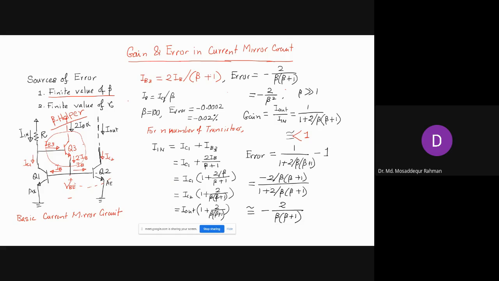So that's why it's called the beta helper. And so these are modified current mirror circuits, right? To reduce the error due to finite beta.